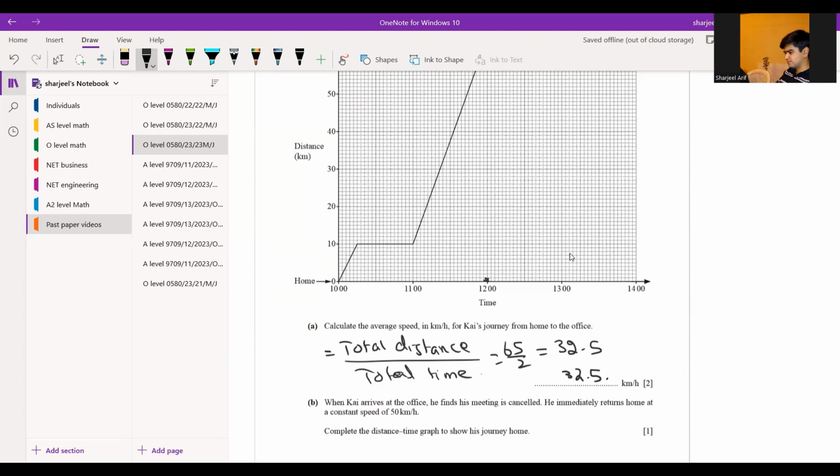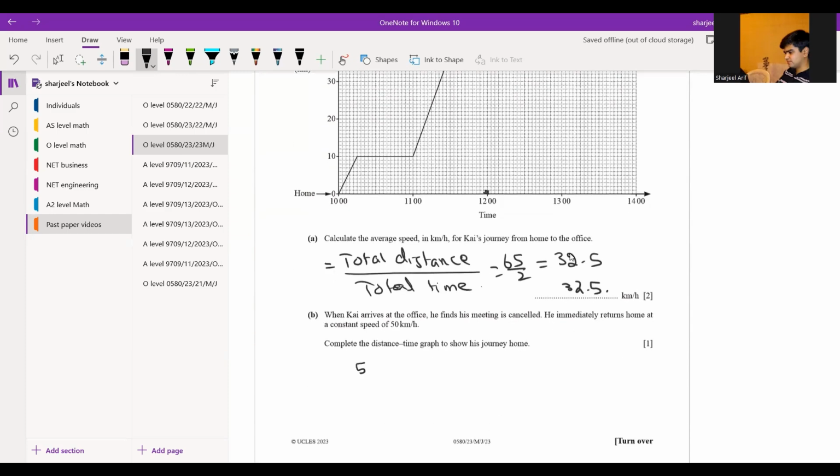For the B part, when Kai arrives at the office, he finds his meeting is cancelled. He immediately returns home at a constant speed of 50 km per hour. Complete the distance time graph. So we have the speed 50 kilometer per hour, we have the distance, which is 70. We have to find the time, and there is no break because he moved straight to home. So time will be equal to 70 divided by 50.